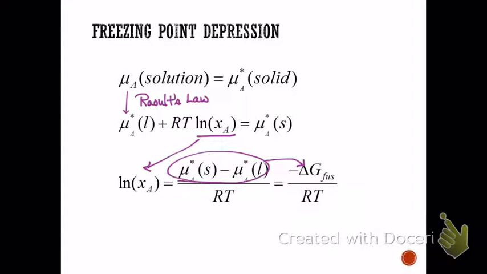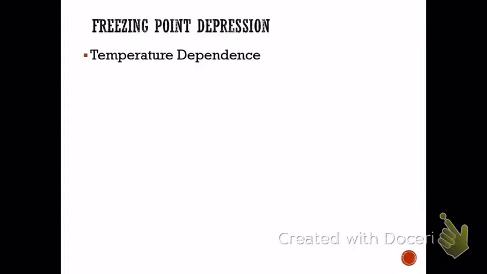And noting that what we end up with is this difference between the chemical potential of the pure solid and the chemical potential of the pure liquid, which is nothing more than delta G for the process of liquid going to solid, and we refer to that as negative delta G of fusion, because when we refer to the delta G of fusion, we're referring to the opposite process here.